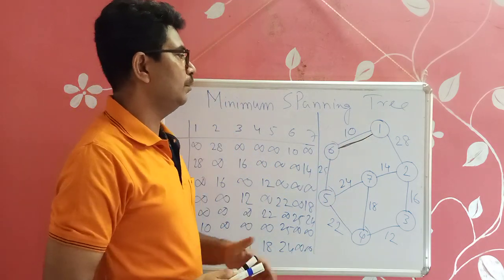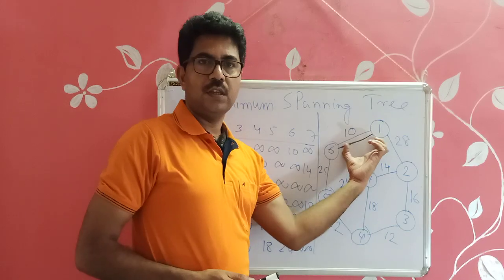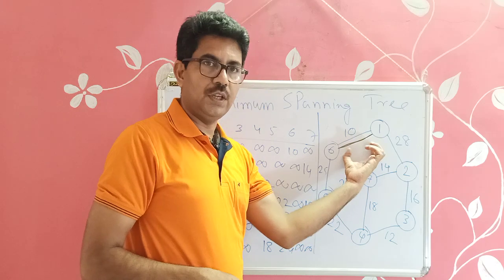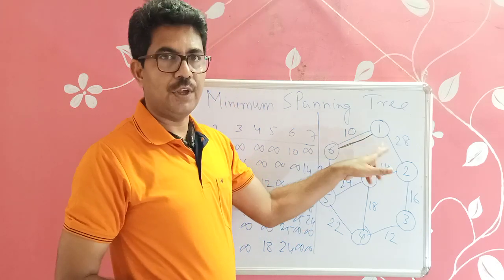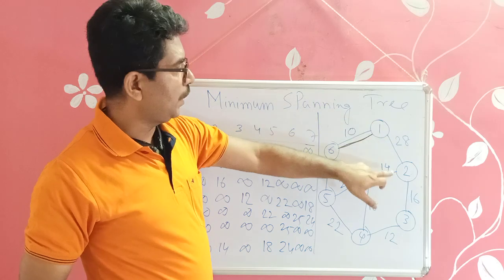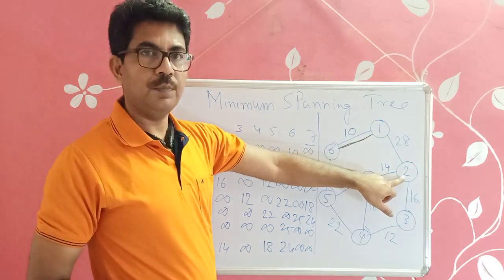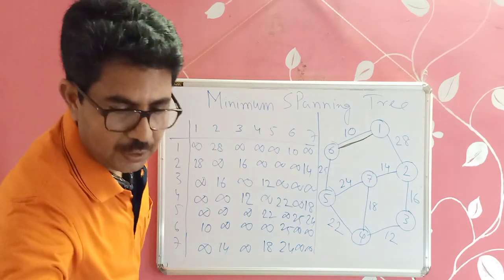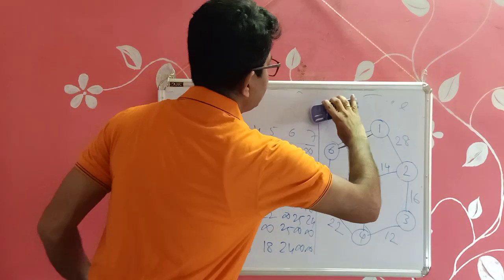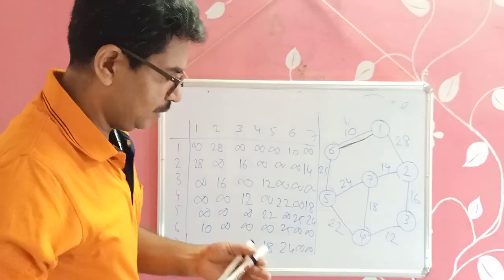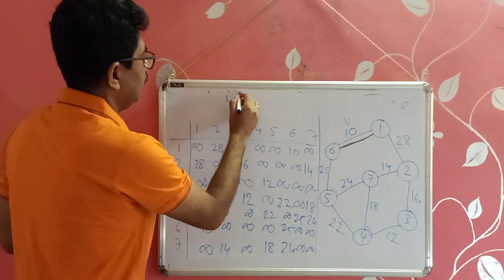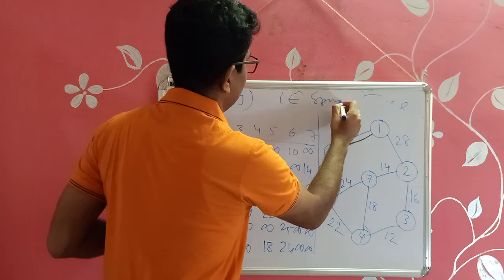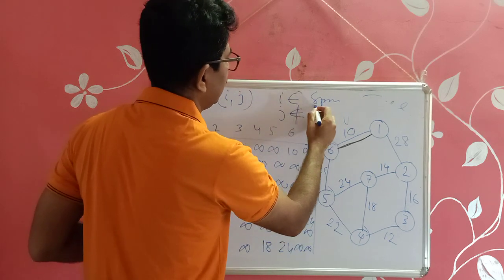So our target is, if an edge already exists in our spanning tree, then we will search for an edge where the first vertex may be there, but the next should not be in the list of vertices. If we consider any edge ij, then the vertex i must be present in the spanning tree, but j should not be present in the spanning tree.